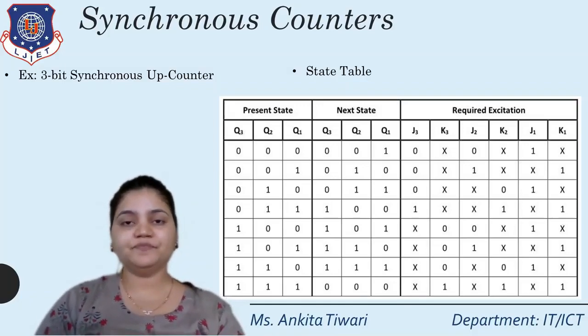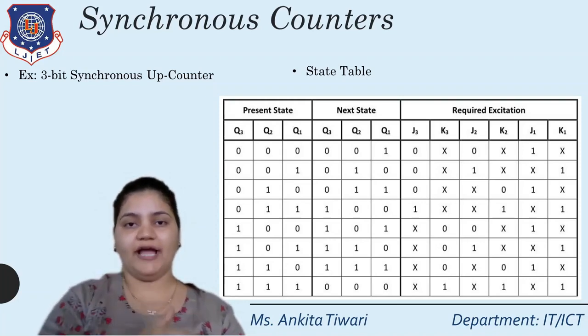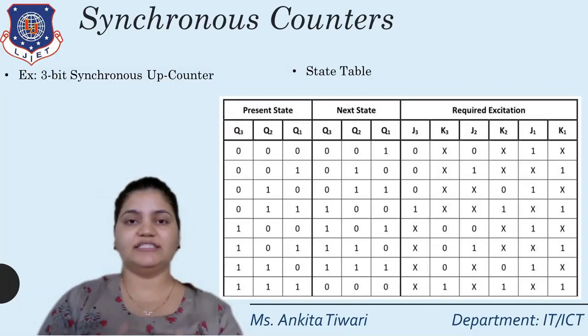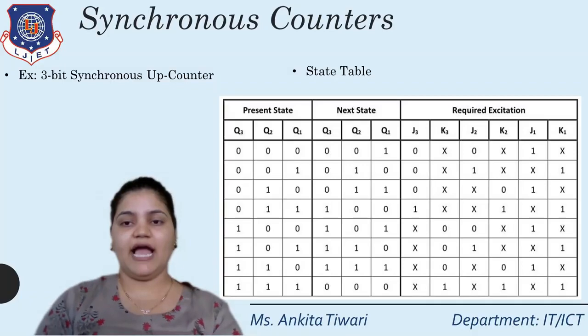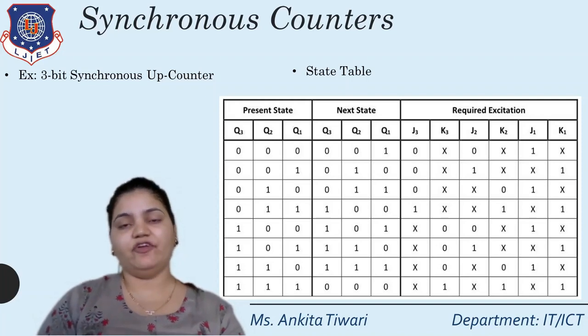With respect to values, I have defined Q1, Q2, Q3. Q1 is the first bit, the least significant digit, then the higher order bit Q2, then the higher order bit Q3. So these are the 3 bits represented in the present state, the same as the next state, and the excitation table will also have 3 values. But here the JK flip-flop is used.